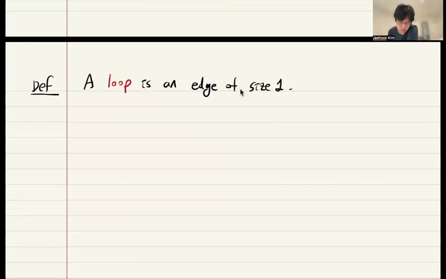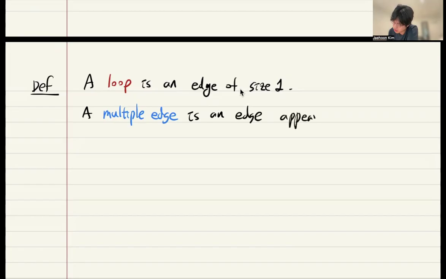We say this is an edge of size 1, and we say a multiple edge is an edge appearing more than once in a graph.